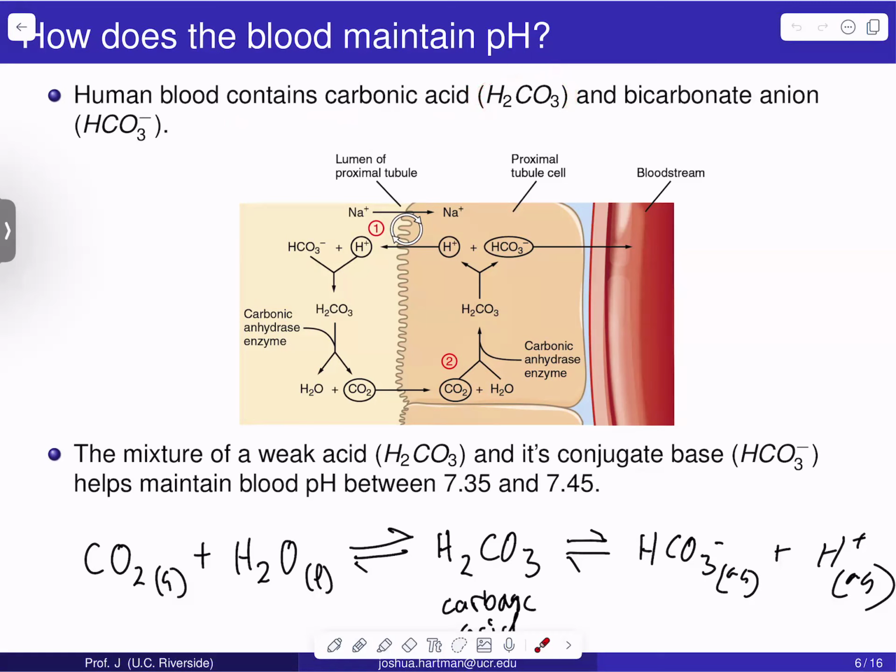This is the result of CO2 being released during the course of different metabolic processes that dissolves in the aqueous solution, that is the fluids in the body, blood being one of them, to create a mixture of a weak acid, carbonic acid, H2CO3, and the conjugate base. And by having this mixture of a weak acid and conjugate base constantly present in the blood, it helps us maintain the blood at a pH that's between 7.35 and 7.45.